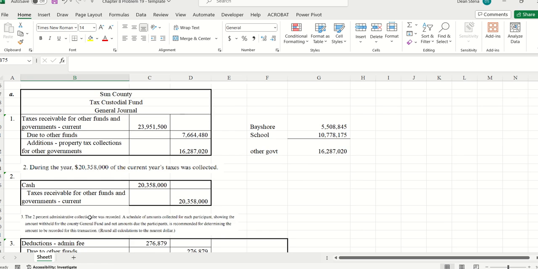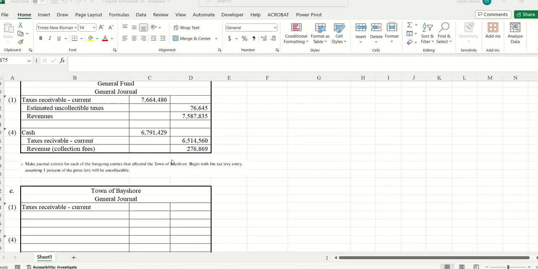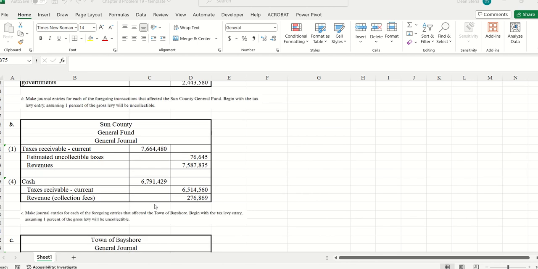So again, we go up to our first entry, and that's got the 7. Okay, sorry about that. Taxes receivable current.